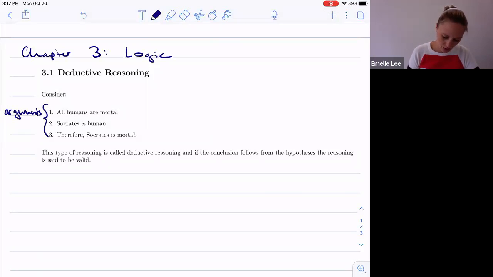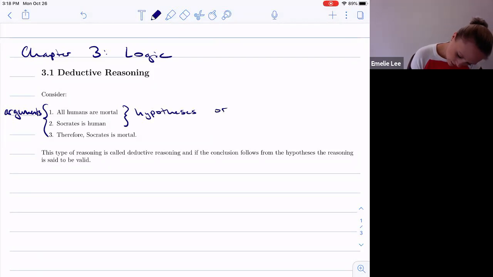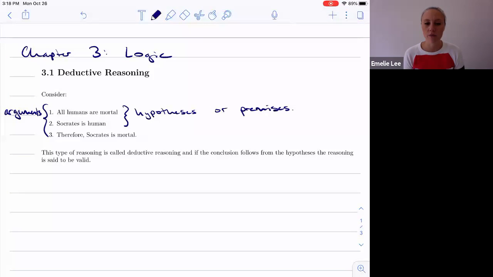And the first two, where we're just establishing, hey, here's some facts, are called hypotheses, or premises. So we establish things that are true, and then of course we arrive at our conclusion.